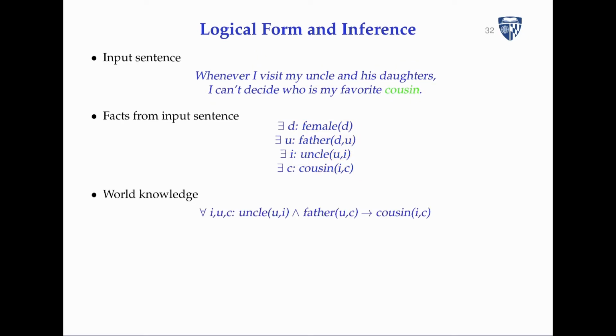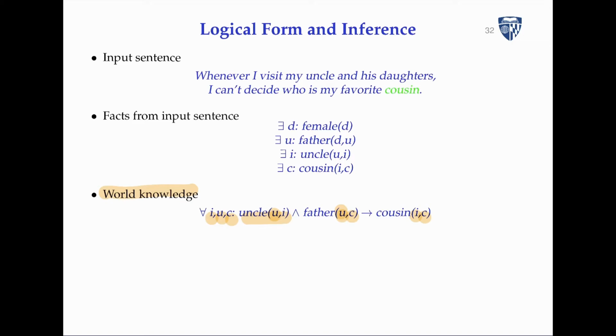So this is now where world knowledge comes in. If you have an I, a U, and a C, and U is the uncle of I, and U is the father of C, then we can figure out that U is both the uncle of I and the father of C, and therefore I and C are cousins.